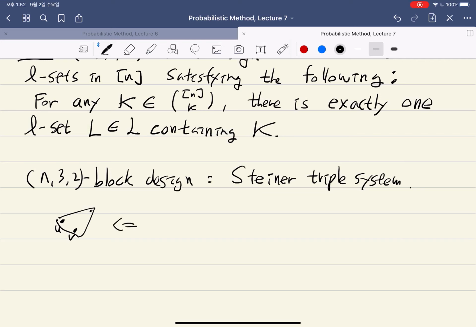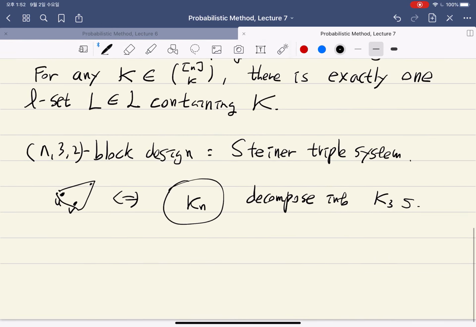This is actually equivalent to saying that if you have a complete graph Kn, you decompose it into triangles. Here decompose means edge decompose. We want to partition the edges such that each part forms a triangle.